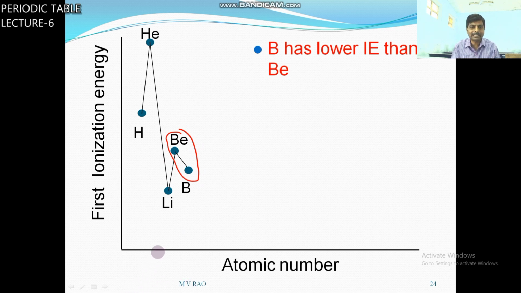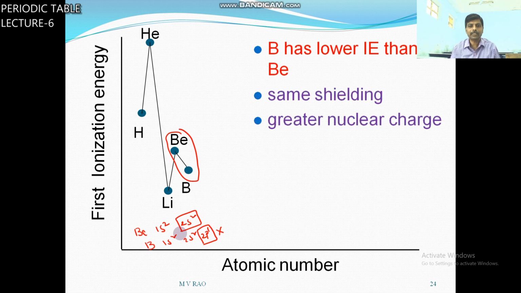Why? Because beryllium configuration is 1s2 2s2. Boron configuration is 1s2 2s2 2p1. This 2p1 is neither fully filled nor half filled, whereas beryllium's s2 means it is completely filled.